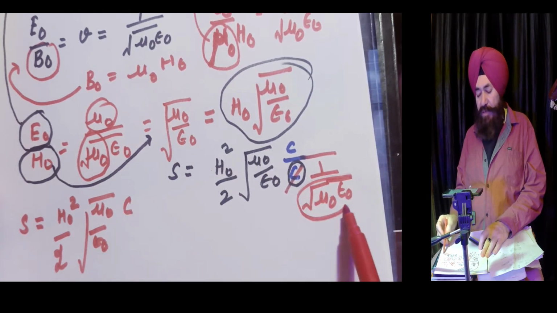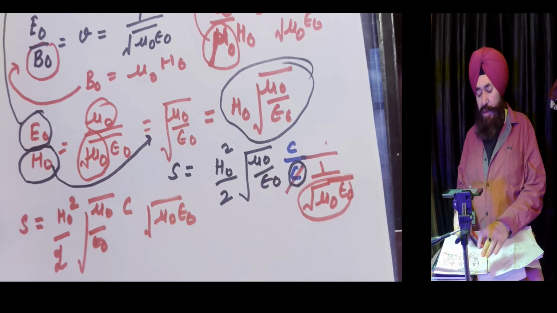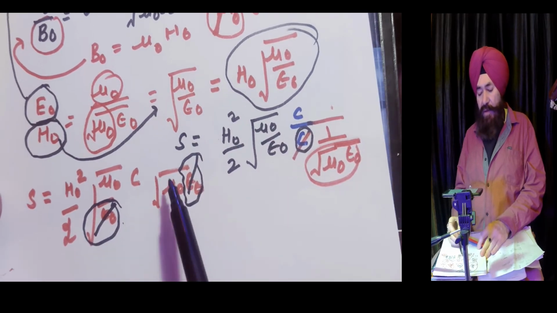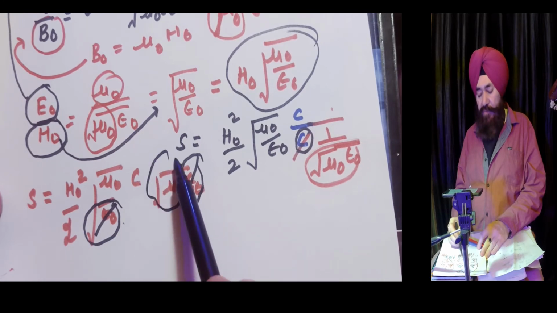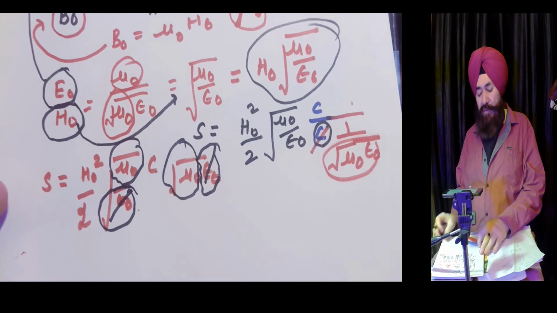Then this comes in the numerator, mu naught epsilon naught. So root of epsilon naught and root of epsilon naught cancels, and root of mu naught and root of mu naught becomes simply mu naught.